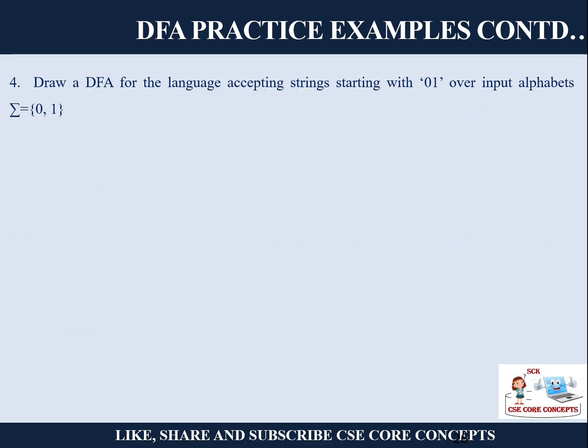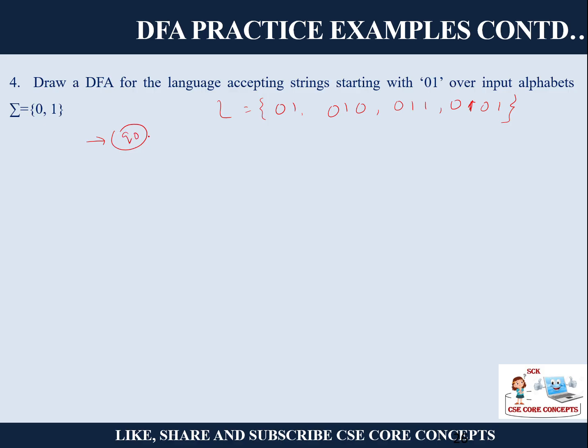Next, draw DFA for the language accepting strings that start with 0, 1. Okay, so when they are starting with 0, 1, let us say I will start with 0, 1, 0, 1. So after 0, 1, I can have any number of zeros and any number of ones. Okay, like this. So let us start Q0.